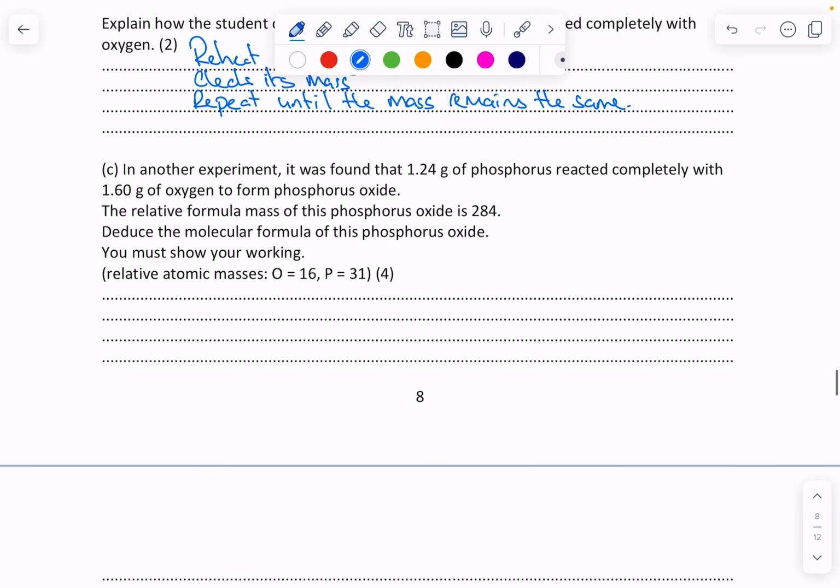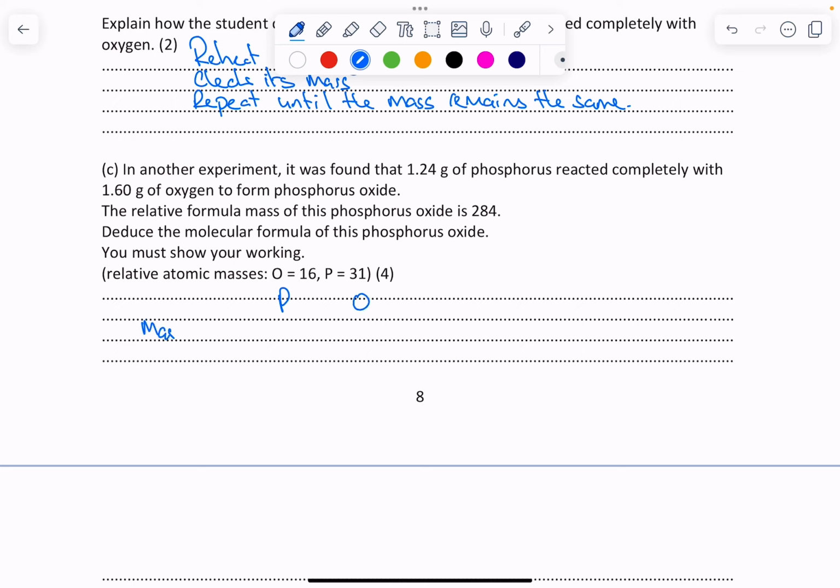Okay, another experiment, we've got this amount of phosphorus and oxygen forming phosphorus oxide. Deduce the molecular formula for this. Okay, so we have to do a couple of things here. First of all, let's work out the empirical formula. So we're dealing with phosphorus and oxygen.